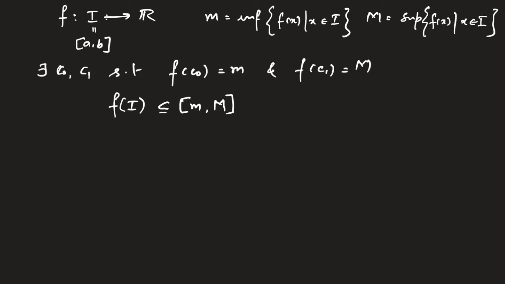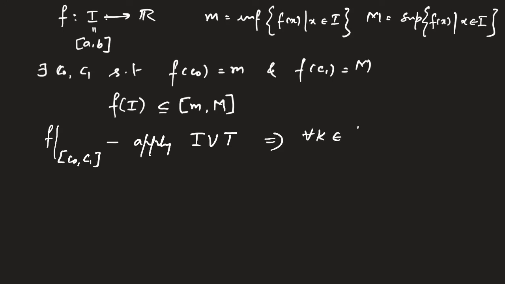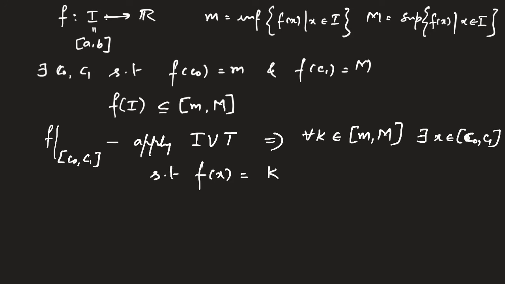So what do we do? We look at the restriction of the function f to the interval [c_0, c_1] and apply the intermediate value theorem. This says that for every k in the interval small m to capital M, there exists an x in [c_0, c_1] such that f(x) is equal to k.